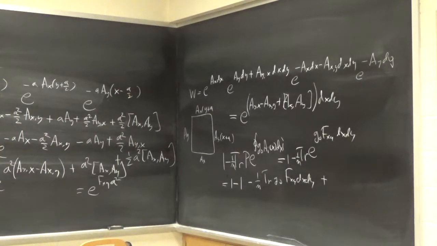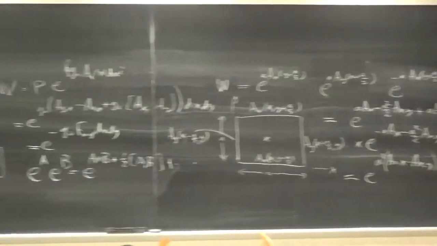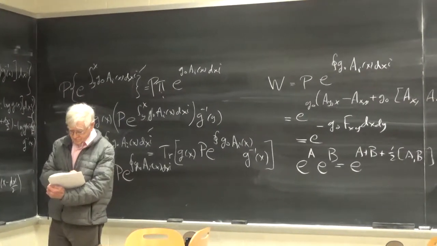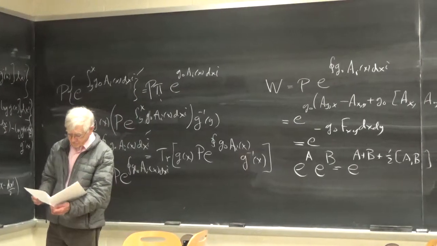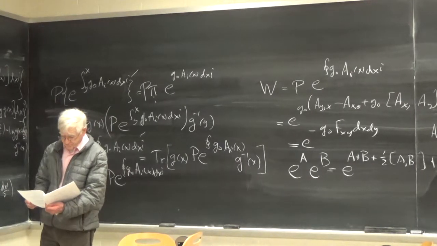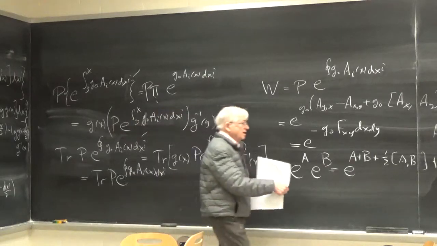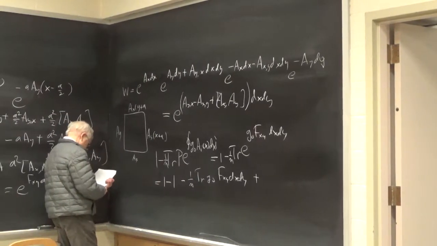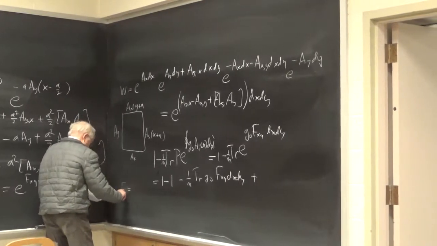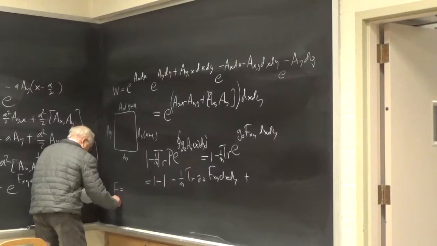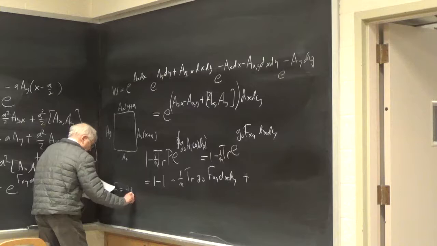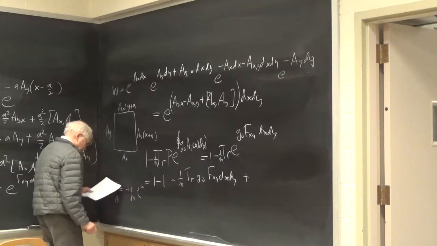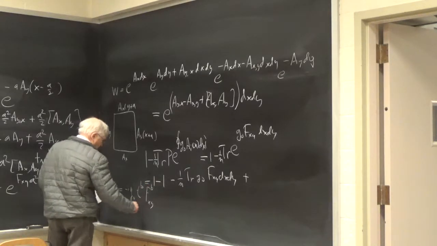The F that we get here, in other words, this F that I've been talking about is, so this F here, say ij or xy, let's say xy, this is minus i, the coupling constant, T^B, F^B, xy.